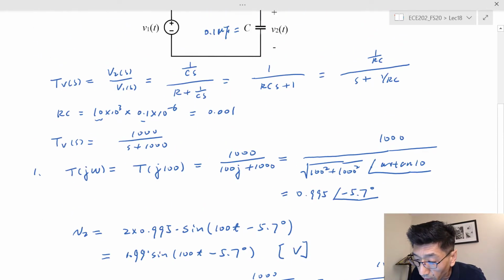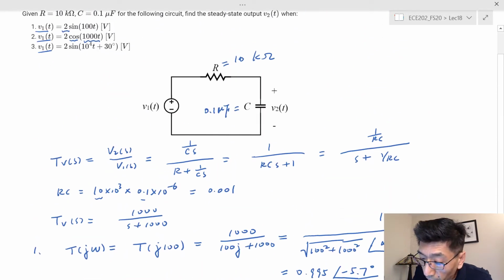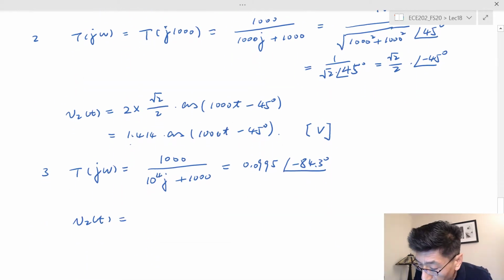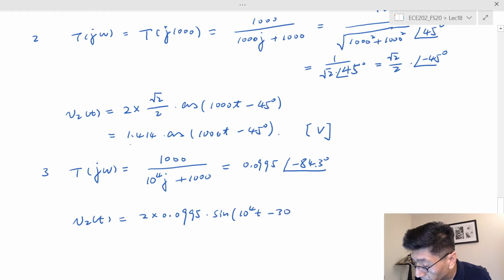That's for the third case, and let's pay attention to what V1 is here. V1 is 2, and now we have a phase angle of 30 degrees, and we use the sine function, so we use sine in the output also. We got 2 times 0.0995 times sine of 10 to the power 4 t, plus 30 degrees minus 84.3 degrees.